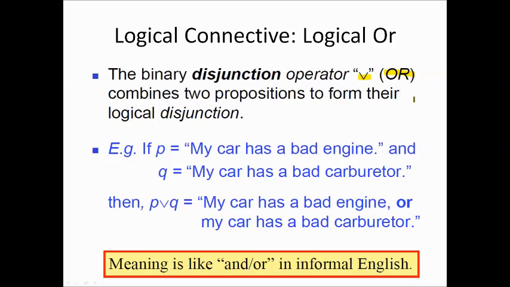As you can see, I only write the statement or proposition from letter P. And then next, I use the word or. And then I wrote the statement Q, which is my car has a bad carburetor. So it means like and/or in informal English. That's how you're going to write the logical disjunction. You're just going to use the word or.